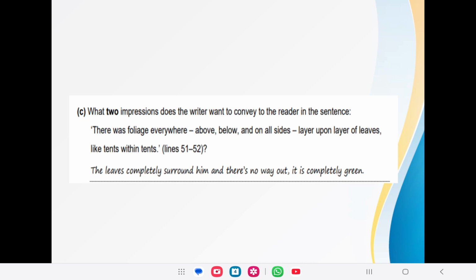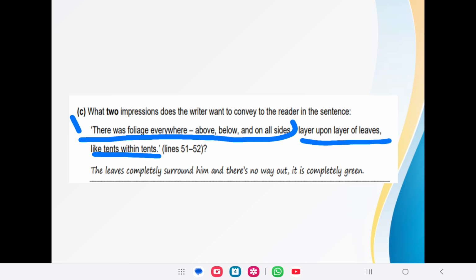When I advise my students how to go for impression writing, the first thing is to divide your question in 2 parts. This is one part for me, and this is the second part for me. While choosing 2 impressions, I will dissect these 2 parts and take out an impression for each.